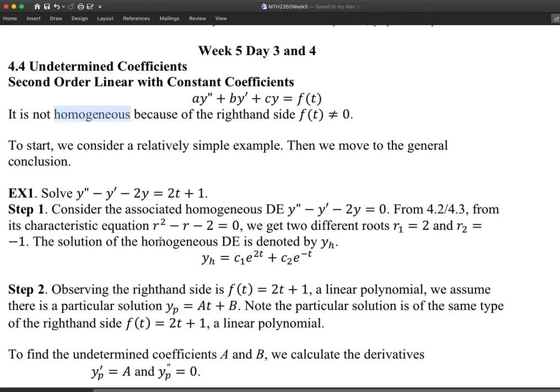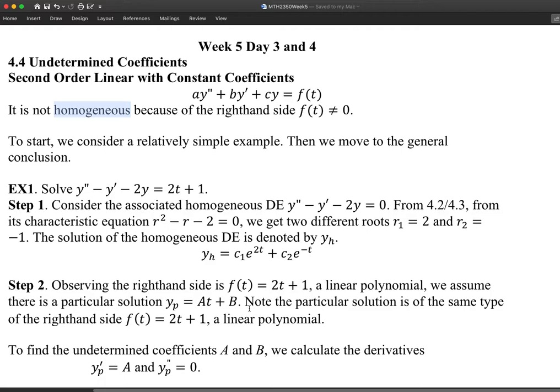Keep in mind, we do have this differential equation. To find A and B, I calculate the derivative. Because it's linear, the derivative is A, and the second order derivative is 0. So I put everything, the second order derivative, the derivative and y sub p, together into this differential equation.